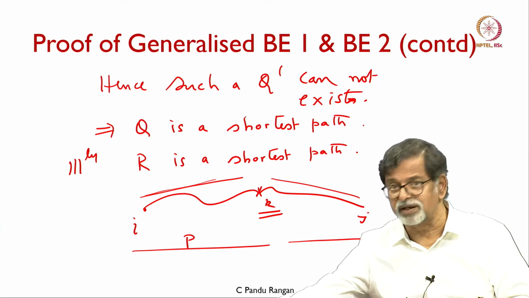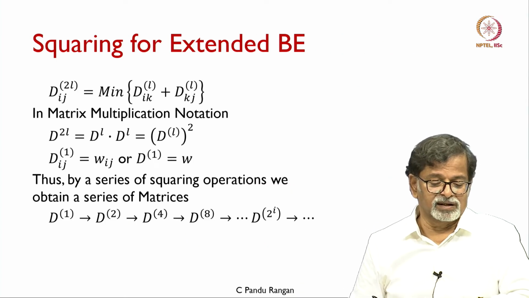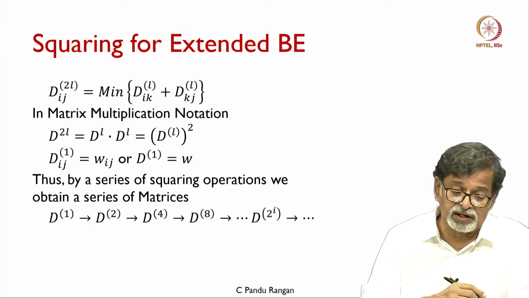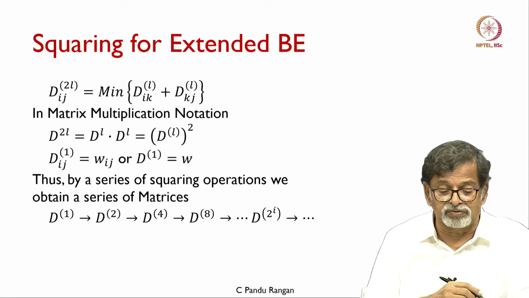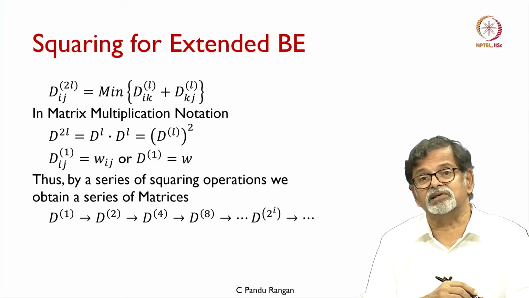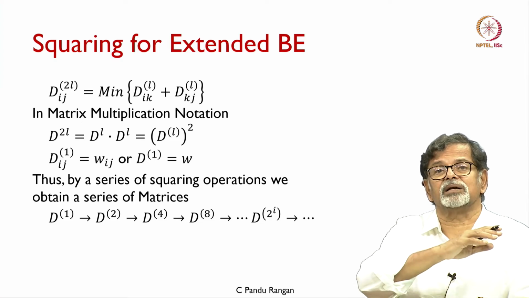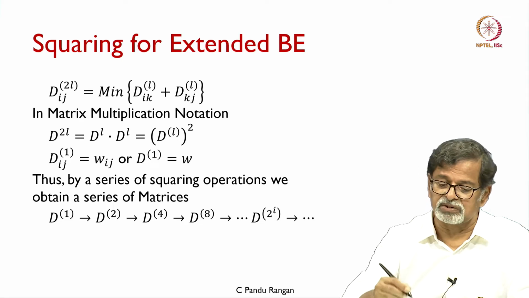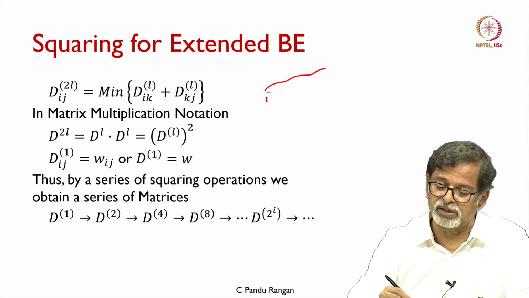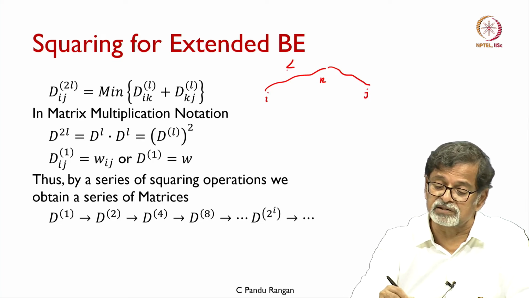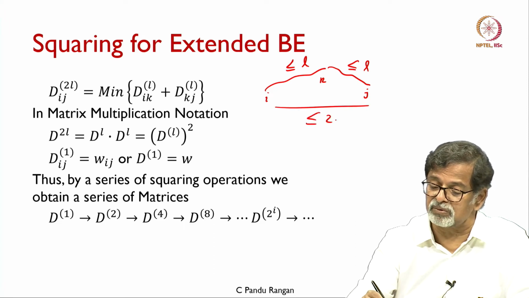So here d_ij to 2L is the minimum over K of d_ik to L plus d_kj to L. There is a shortest path with upper bound on edges of L. So this is less than or equal to L, I to K. This is less than or equal to L, K to J. The whole will be less than or equal to 2L.